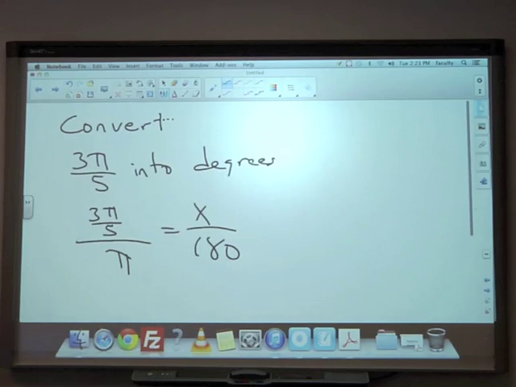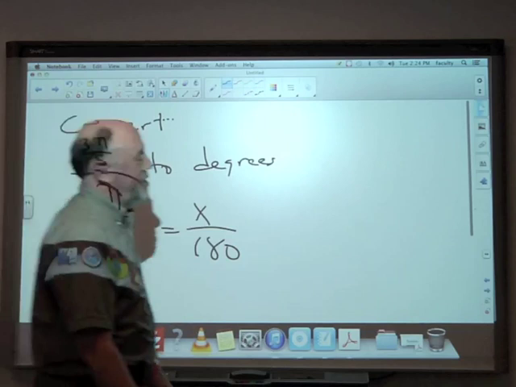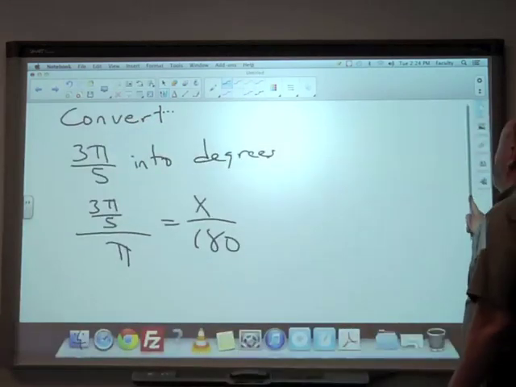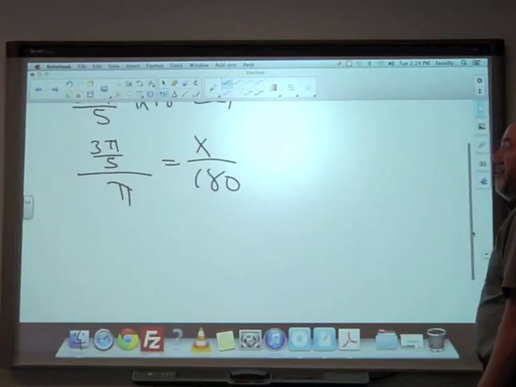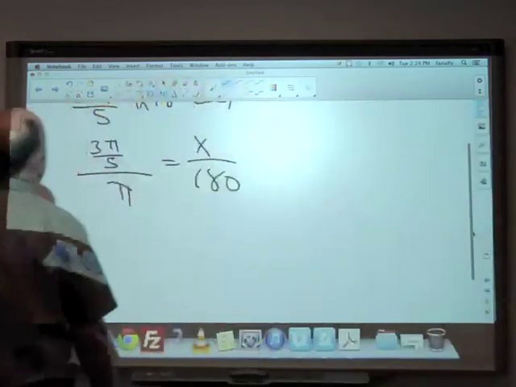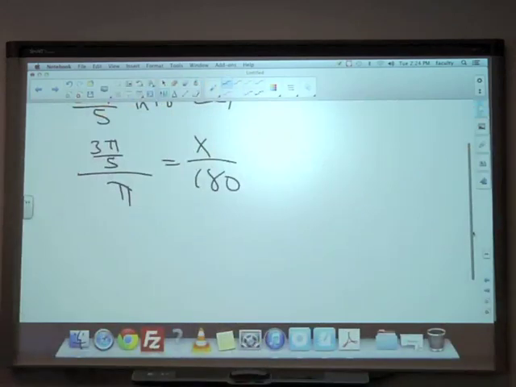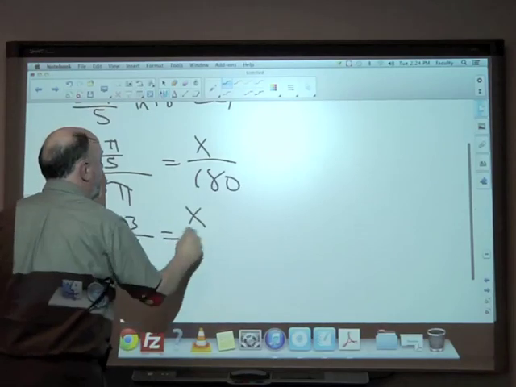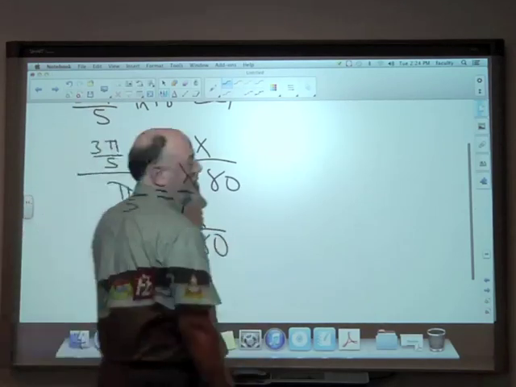Is that 3 pi over 5 just an example? I'm going to do this for my example. All right, so here's my proportion. Well, the thing about this one is that the left side simplifies quite nicely because 3 pi over 5 divided by pi will become that.